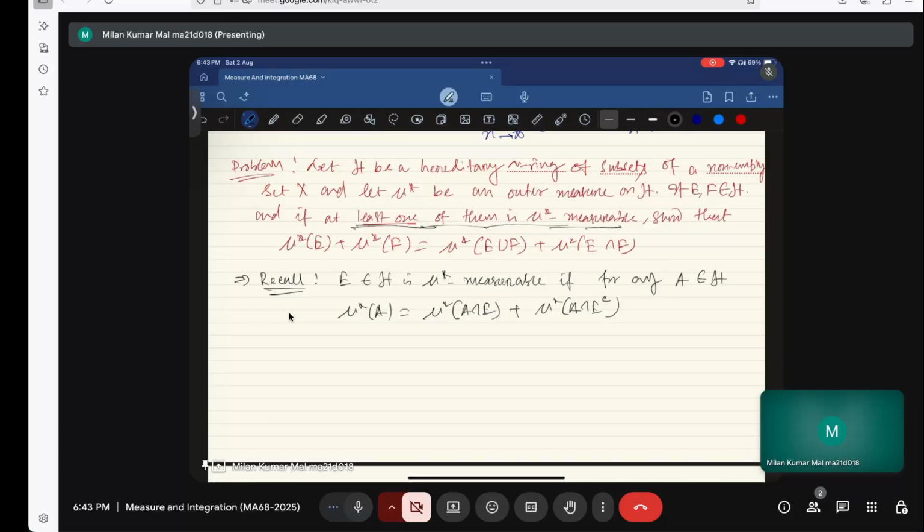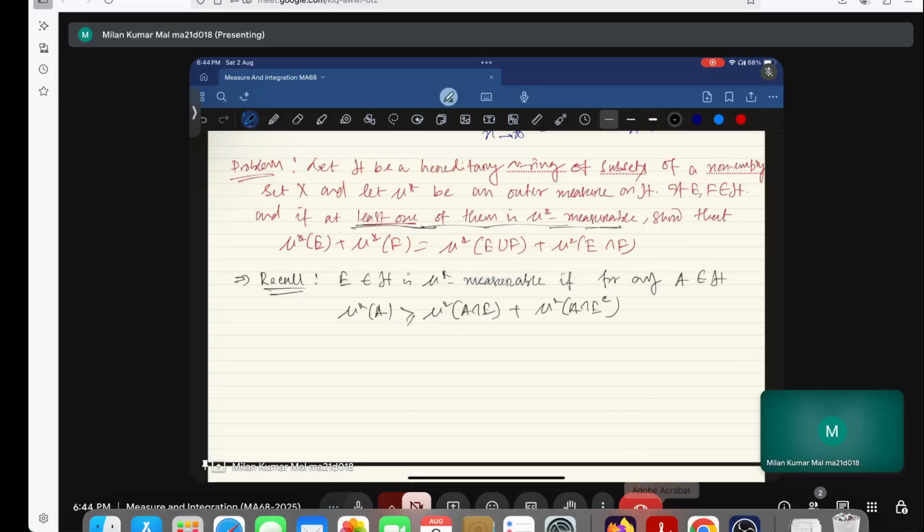This is the condition. It is equivalent to saying greater than or equal to, because less than or equal to is always there. That's why greater than or equal to is enough.